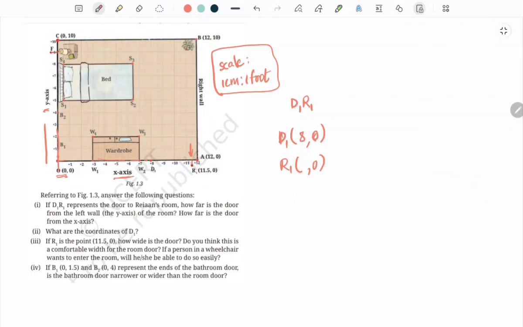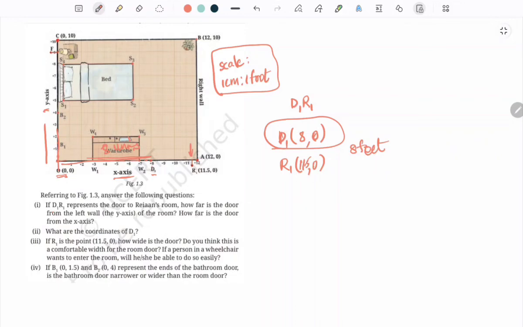And the second point is somewhere around 11.5, we will figure it out later. But the closest point of the door to the y-axis is D1, which will be 8, 0. So this distance is 8 units, or in real life, if the scale is 1 centimeter equal to 1 foot, it's 8 feet from the y-axis.